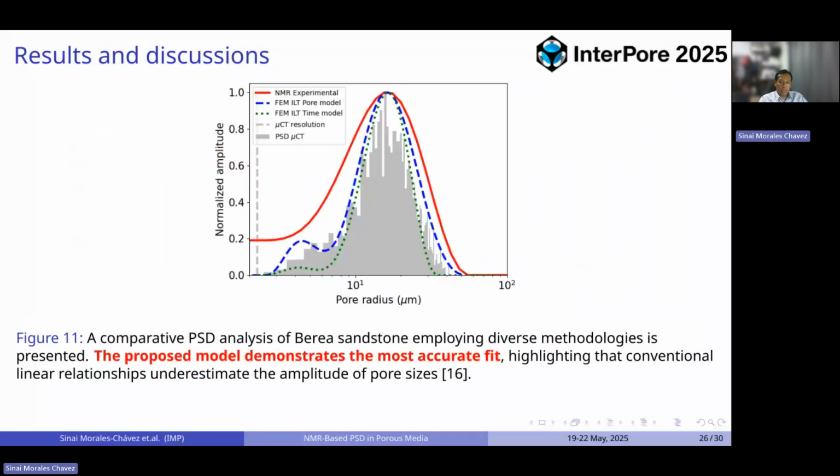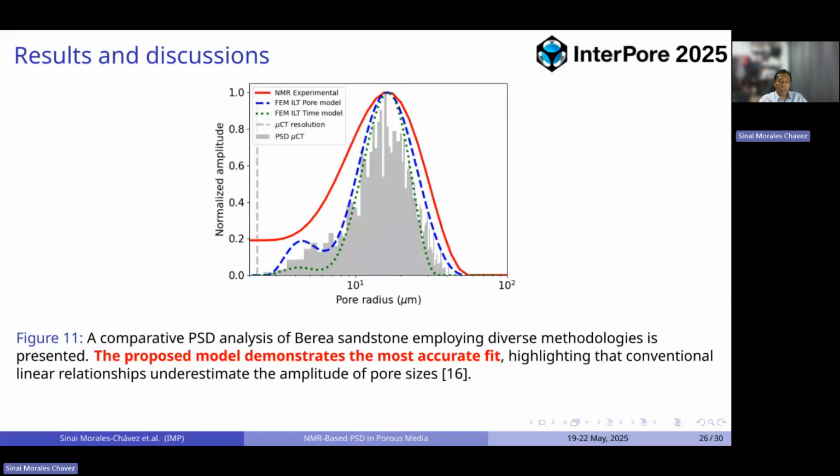To conclude the results section, we present a comparative analysis of the pore size distribution obtained using different methodologies. The proposed model shown here produced the most accurate fit to the reference data, capturing both the position and amplitude of key features in the distribution.